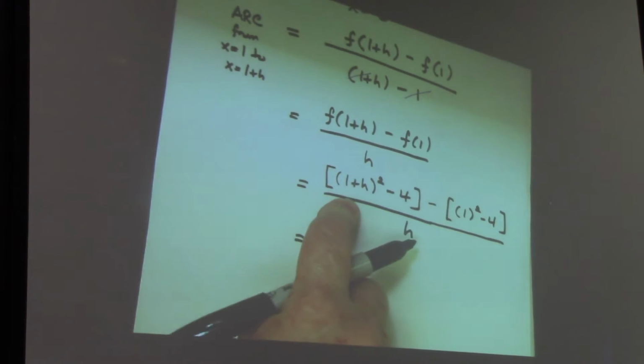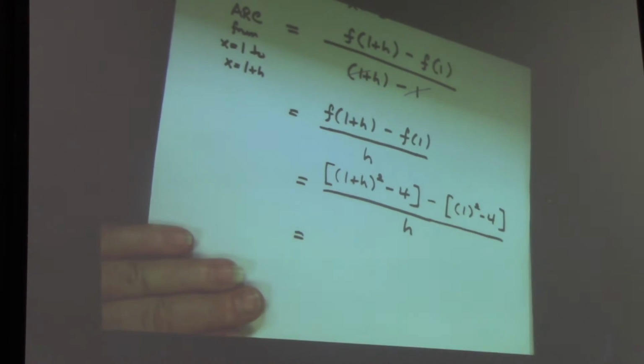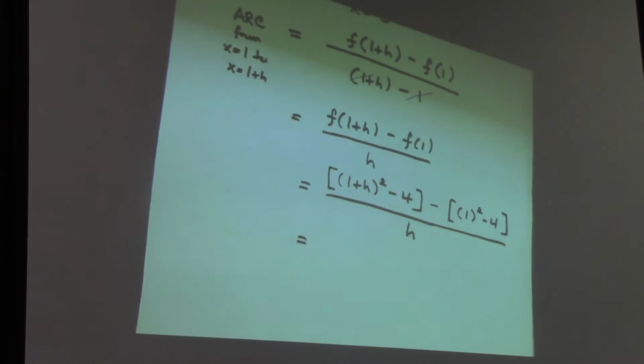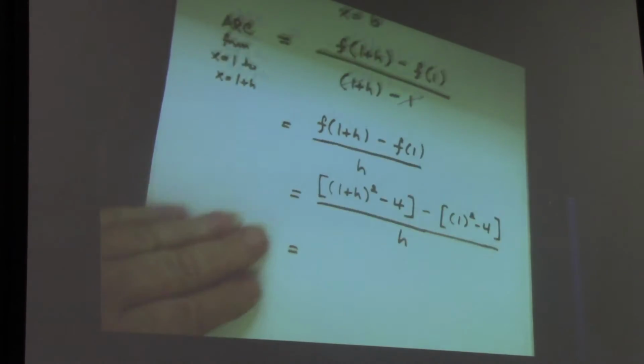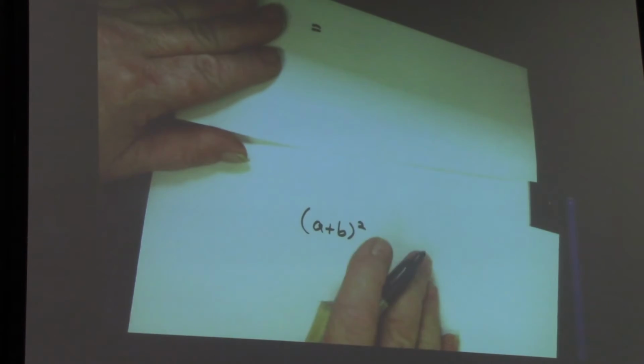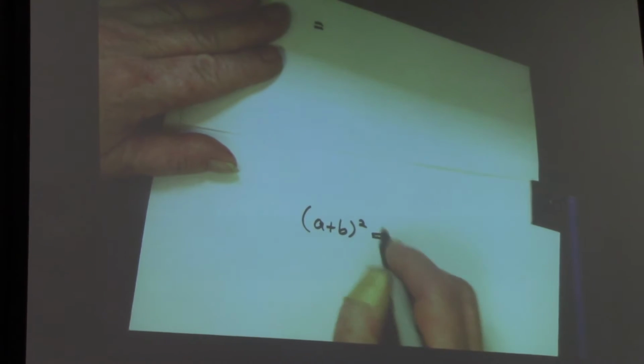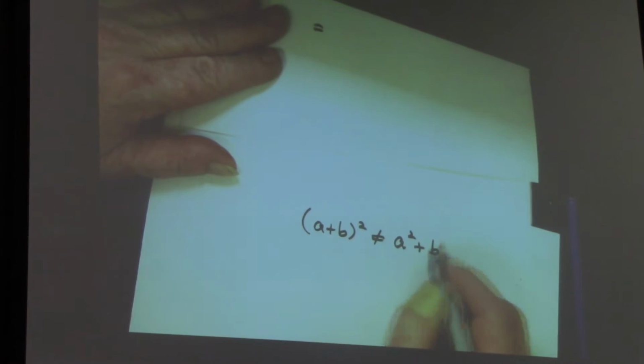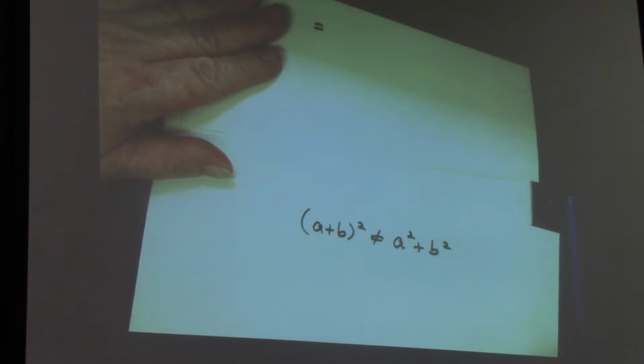How do you square 1 plus h? Several people forgot that exponents do not distribute over addition. A plus b quantity squared is not the same thing as a squared plus b squared.